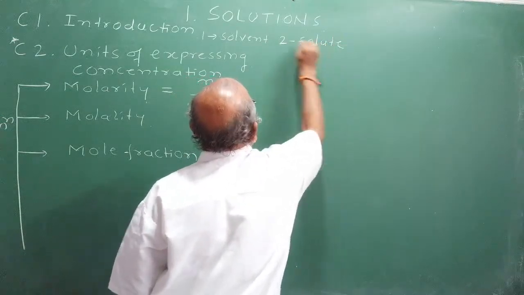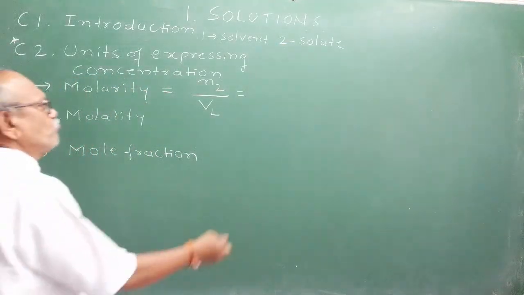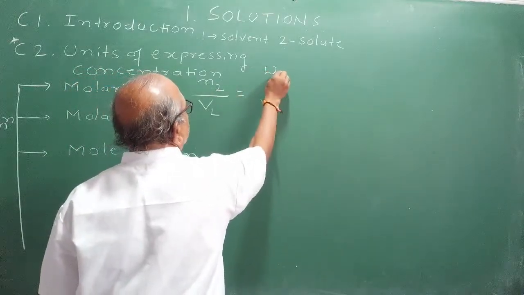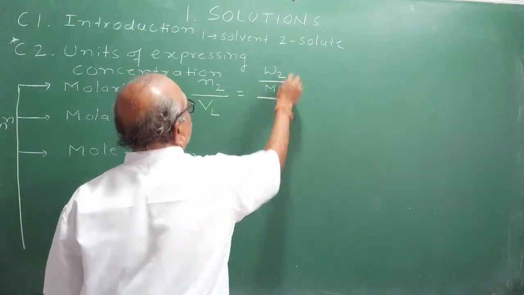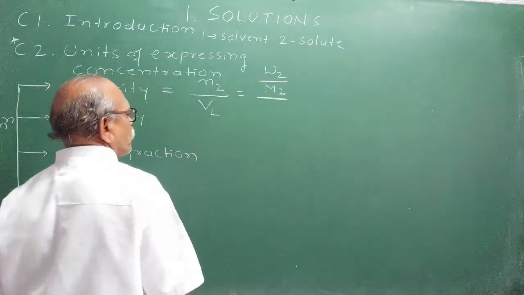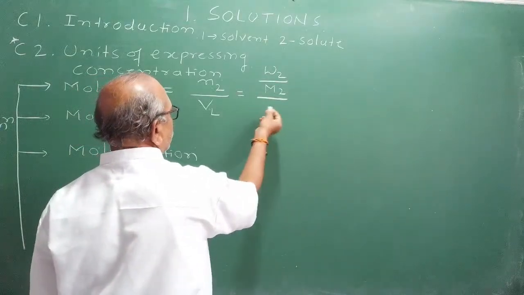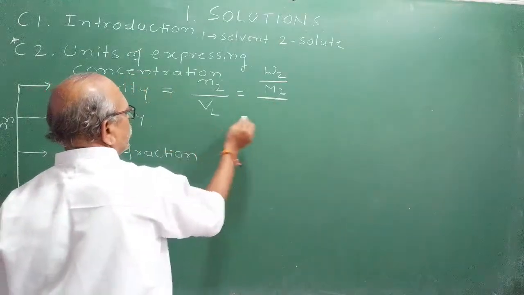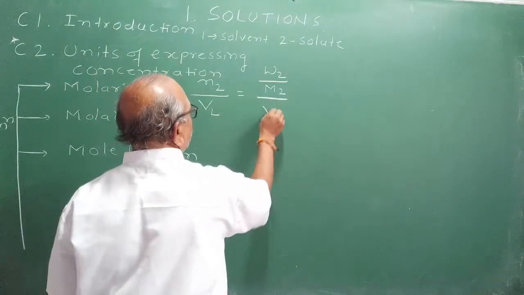Wherever I write 1 you think that it is solvent, wherever I write 2 you take it for solute. And this number of moles of the solute is given by W2 upon M2, the molecular weight of solute, divided by volume of solution in liter. Suppose it is given in centimeter cube, you can write it as volume of the solution in liter. Suppose it is given in liter, divided by liter.